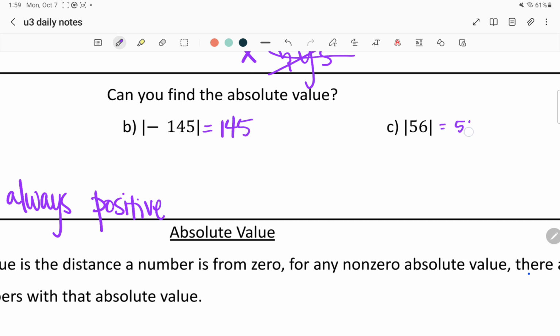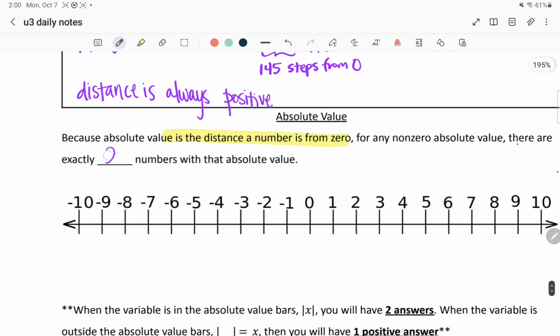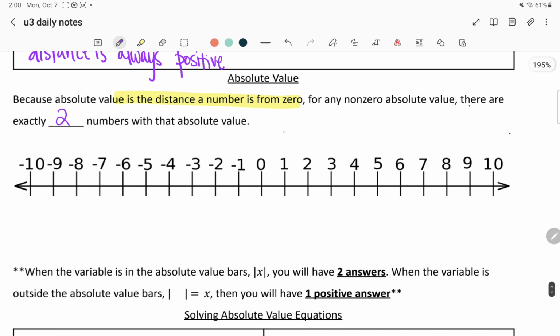Absolute value of 56 is 56, because negative 145 is 145 steps from 0. So because of that definition, we always have two numbers that have that absolute value. So let me show you what I mean. Because you're going to get questions that look something like this.